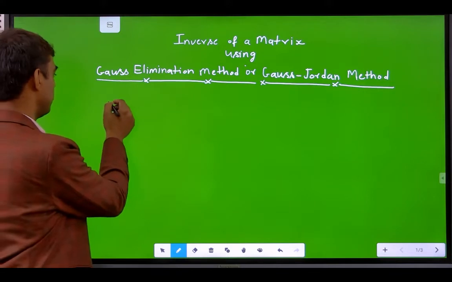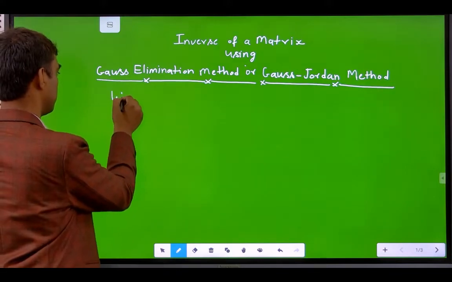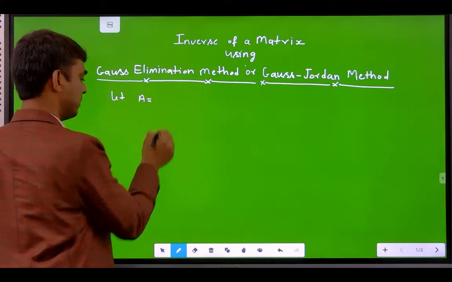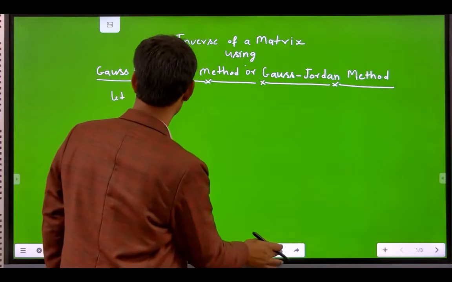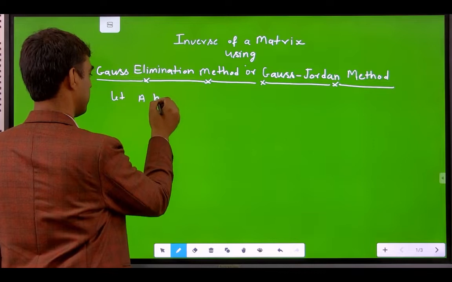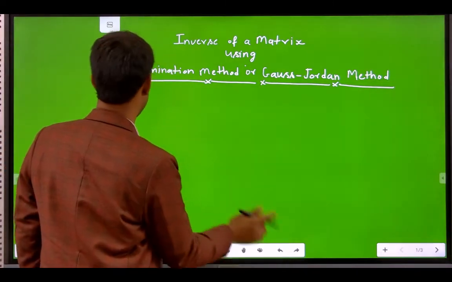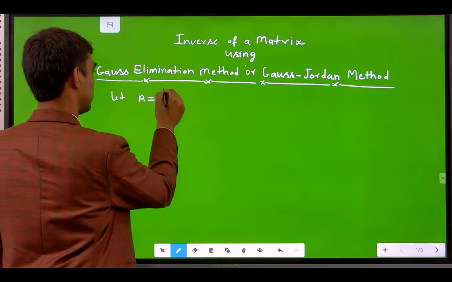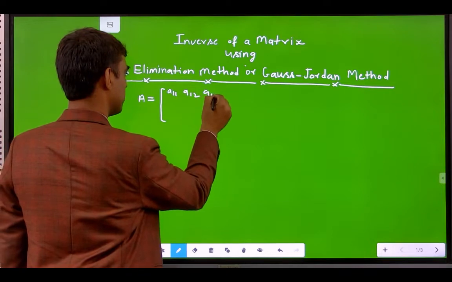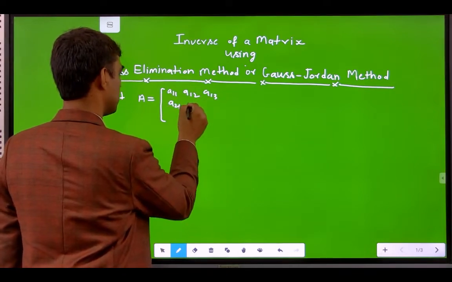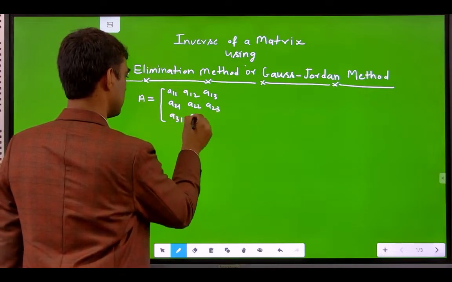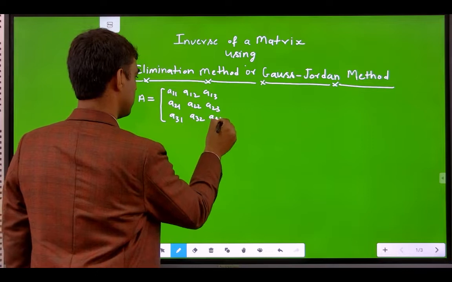So here we assume that A is any non-singular matrix, and we write A equal to A11, A12, A13, A21, A22, A23, A31, A32, A33.